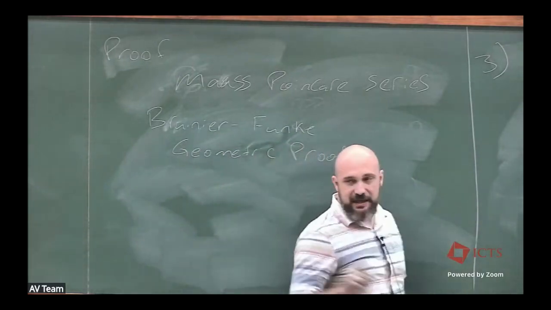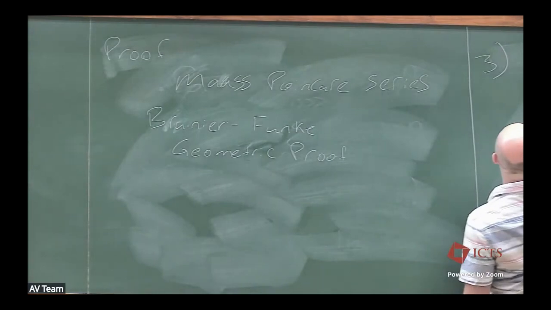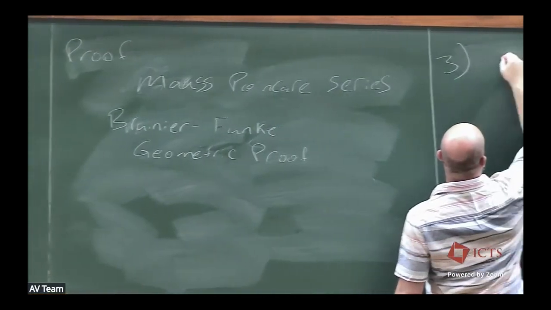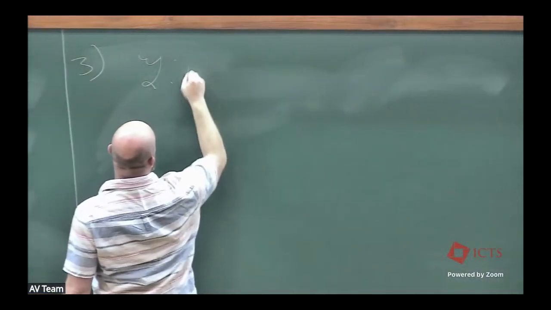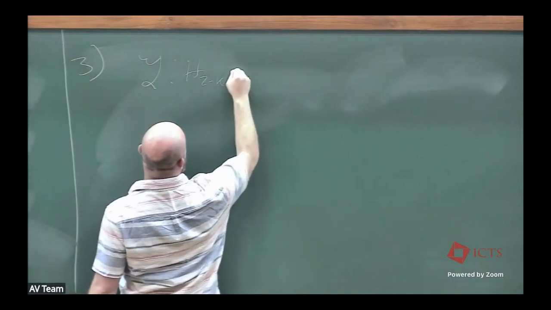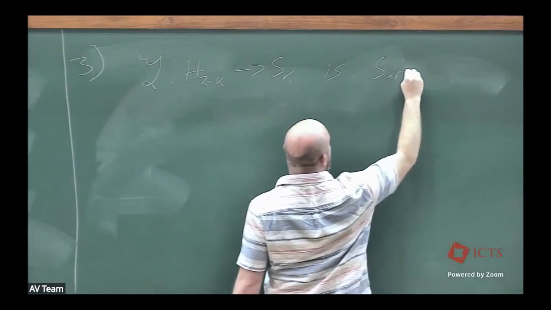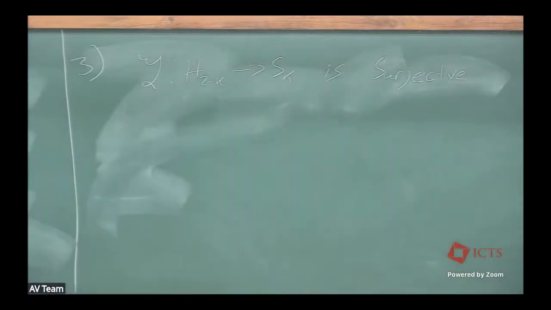Nick stated this fact just a moment ago or yesterday, but I can use these functions right here very quickly and the pairing to show that the Xi operator, which takes us from H_{2-k} to S_k, is surjective. So this is a very useful fact. It's easy to kind of gloss over, forget that we rely on this a little bit.